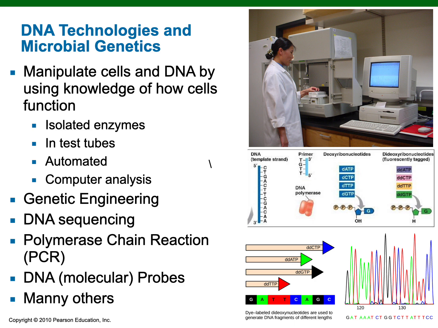Often these processes are then automated, and using computer analysis can be carried out on a large scale. DNA technologies include genetic engineering, DNA sequencing, something called the polymerase chain reaction, using DNA or molecular probes to find molecules, and many, many other techniques.